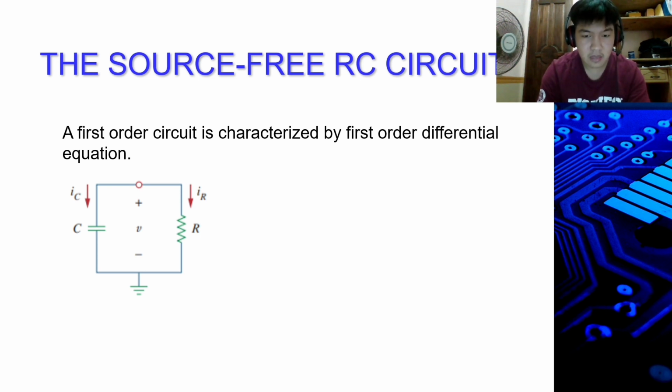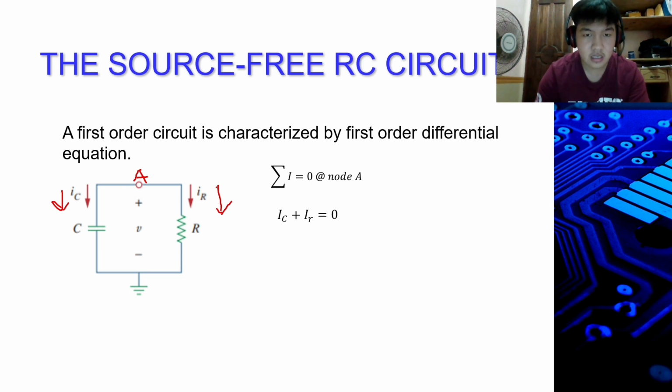So we apply KCL at node A, which says that the summation of currents is equal to 0 at node A. Since the currents are leaving, we can write this as IC plus IR is equal to 0.